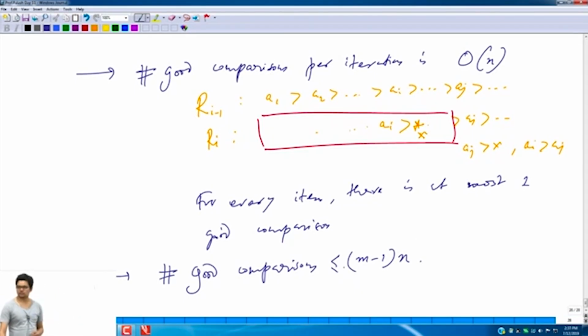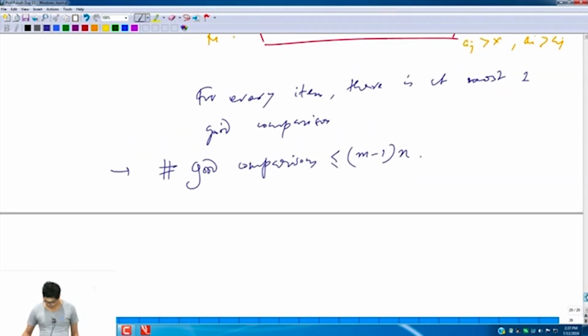Yeah, sorry, at most n. Thank you. And actually, if you think about it, it is exactly n minus 1 for every item except the first item, or no, it can be less than n minus 1 also. Yeah, sorry about that.